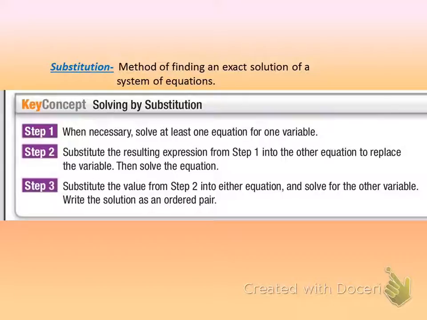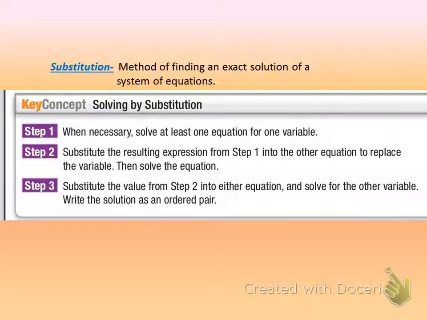Step two: substitute the resulting expression from step one into the other equation to replace the variable, and then solve the equation. That sounds like a way more complicated step than it actually is. So that'll make sense once we actually get going.